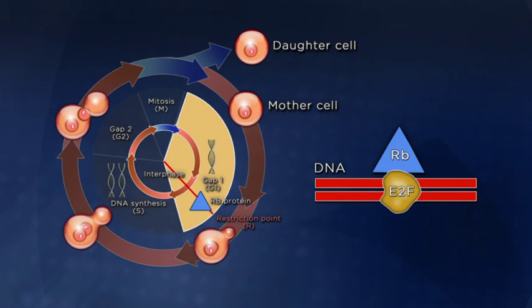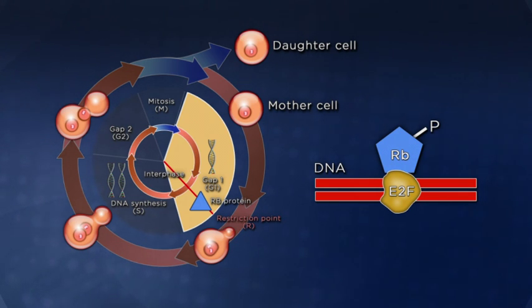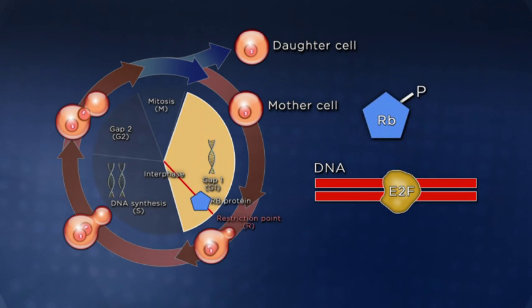If a cell is going to divide, RB is changed. RB could be phosphorylated, for example. The structure of RB changes, something happens to RB, or it's mutated, and E2F is now free to stimulate transcription.